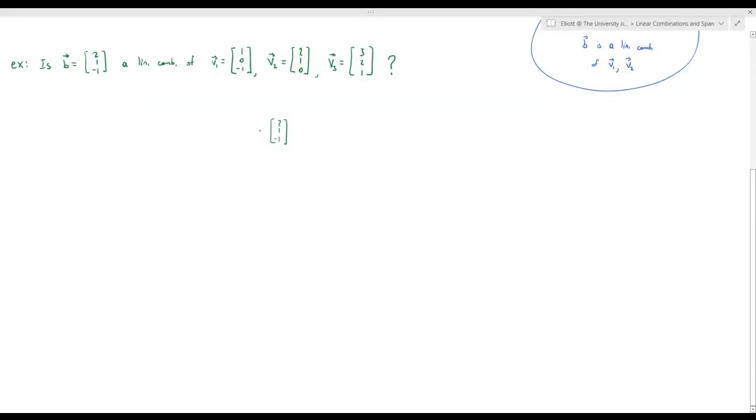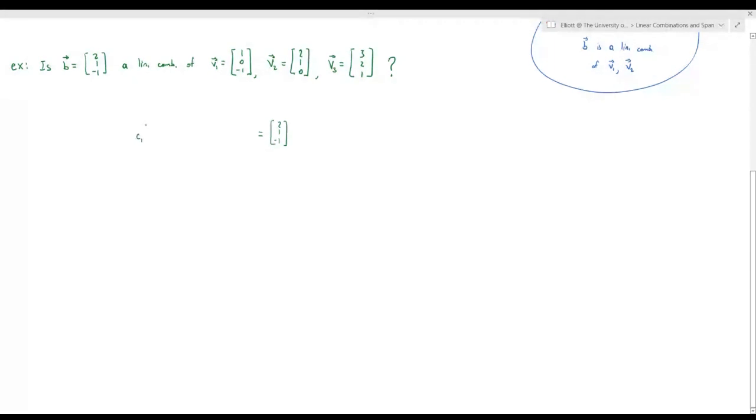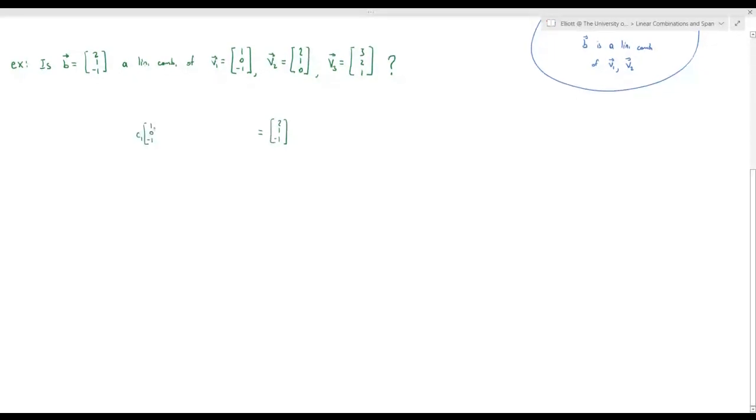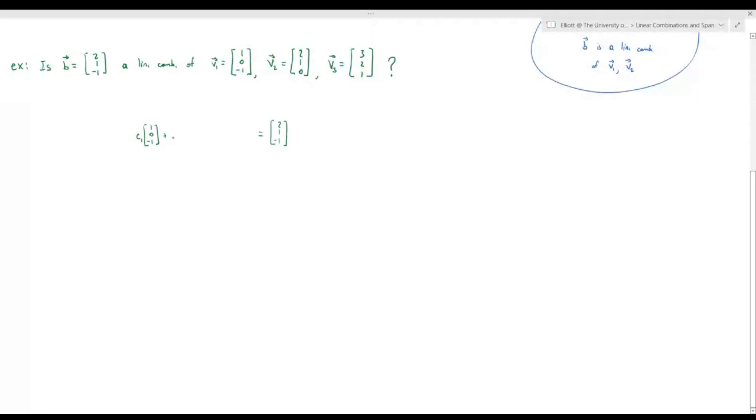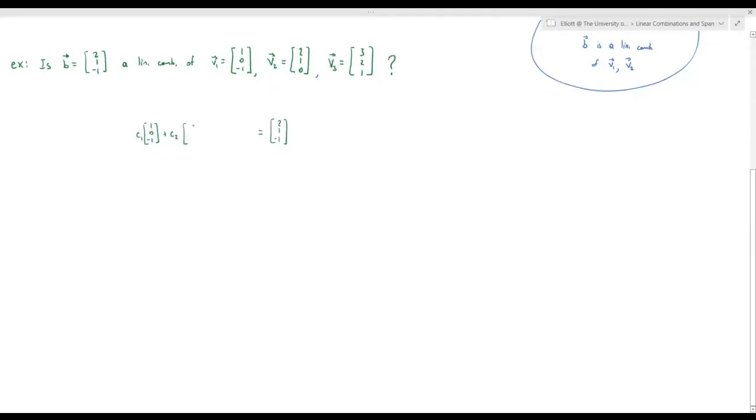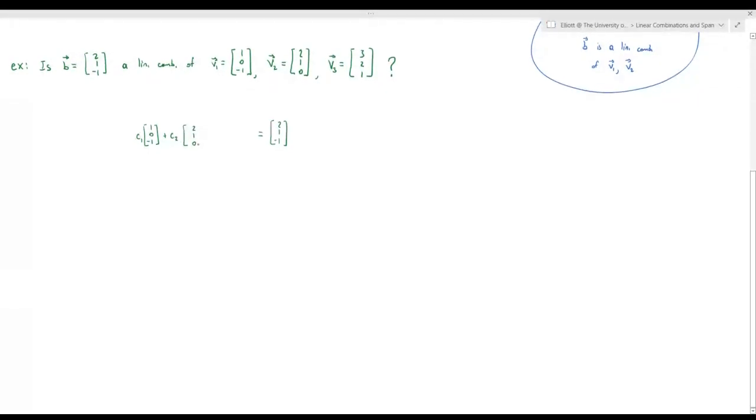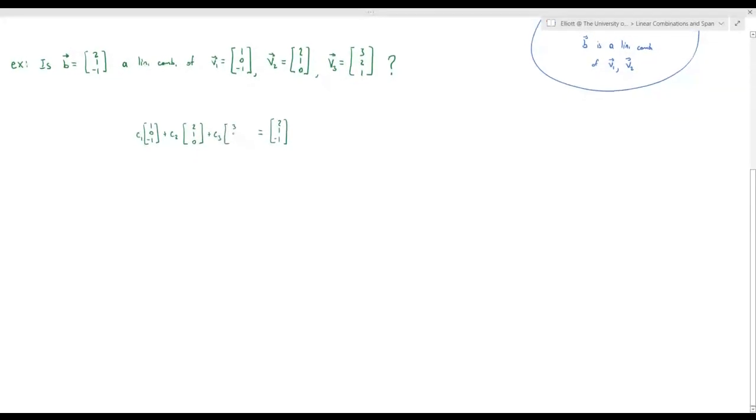I'm checking to see if it is a linear combination of v1, v2, and v3. So I set up the problem the same way.